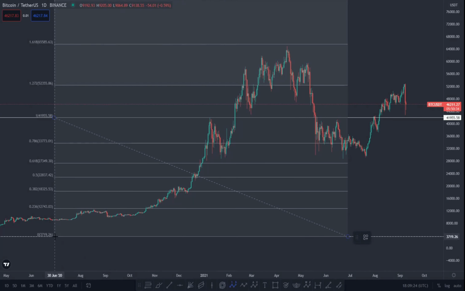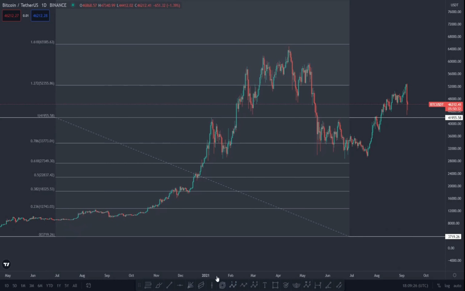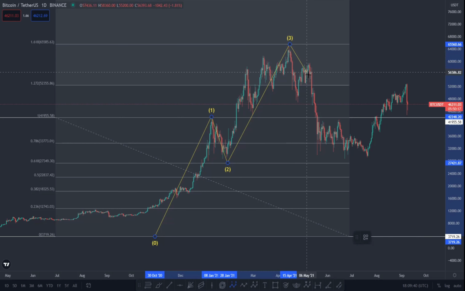So we have learned that the first impulsive wave goes from 1 to 0, typically gets retraced to the 0.618, and the second impulsive wave would be to the next golden ratio, gets retraced, and then heads back up.